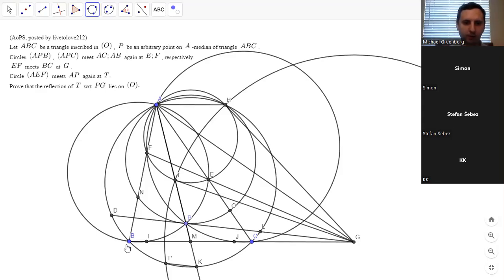So those are similar, PFB and PEC, and is that just an angle chase? Yeah, because PEC, that angle, is equal to PBA. Okay. And also PFB is PCA. So that's interesting. So did we even need that N and O?